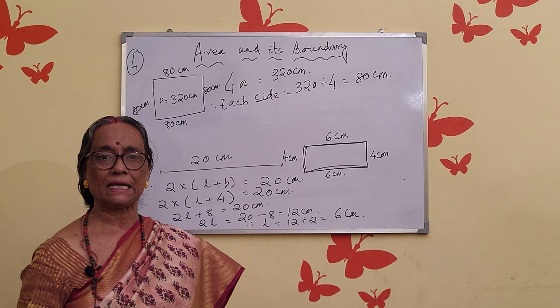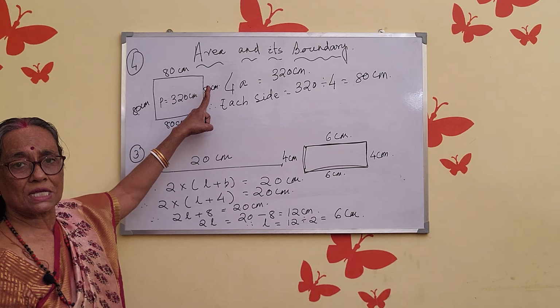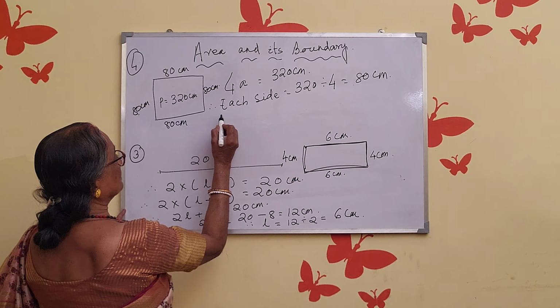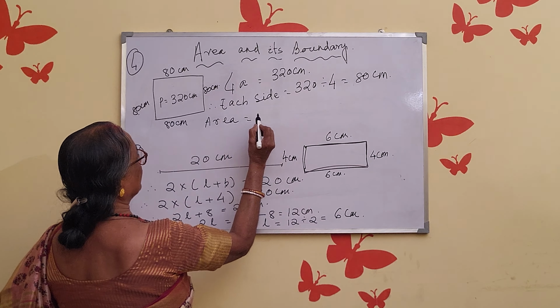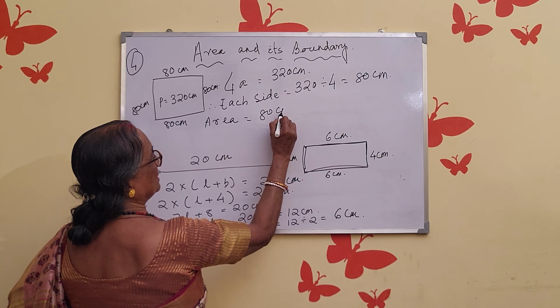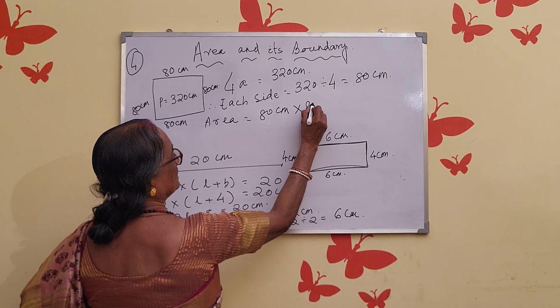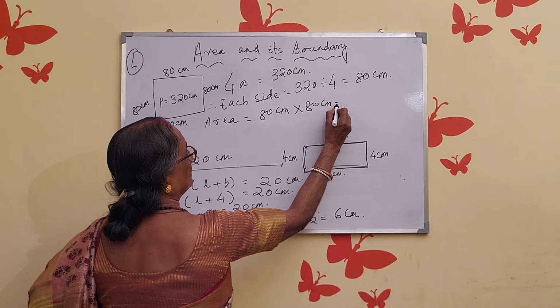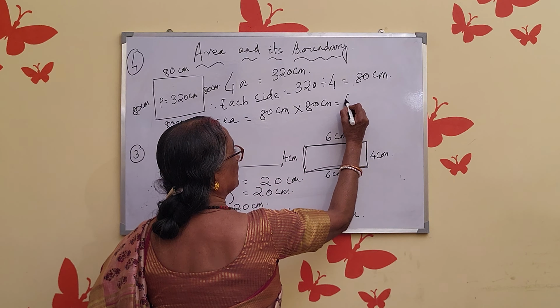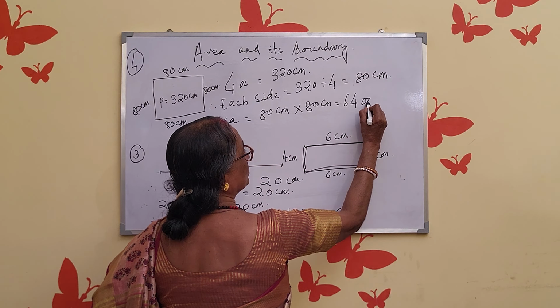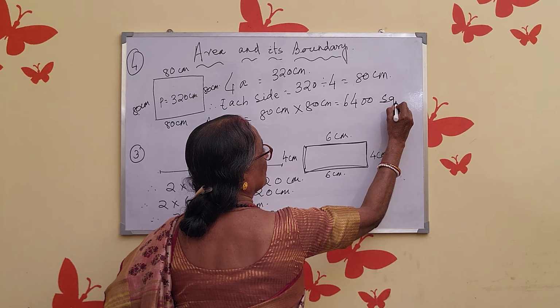Now we know that area of a square is side into side. Area is 80 centimeter into 80 centimeter. 8 8s are 64, therefore 6400 square centimeter.